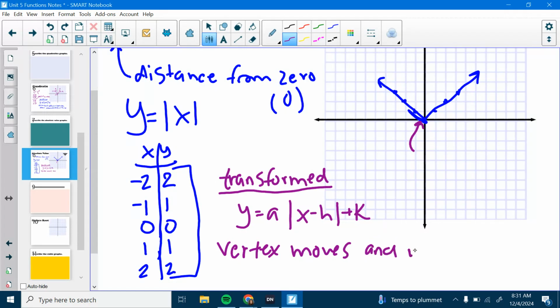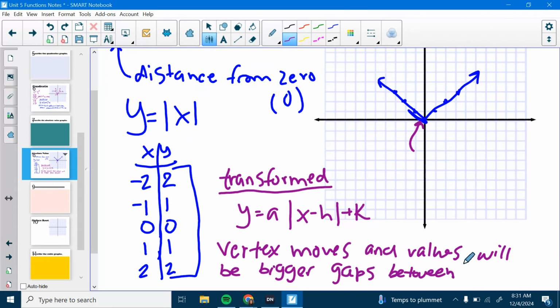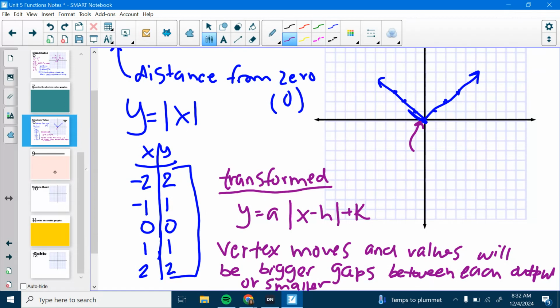And the gaps between each output will be bigger or smaller, I should say. Okay, those gaps are going to change. We're going to be moving faster or slower up the line.